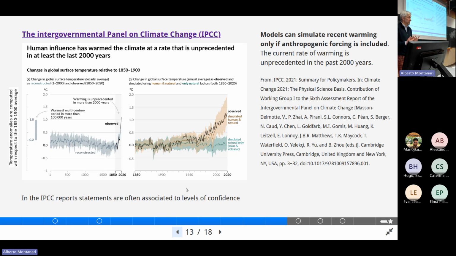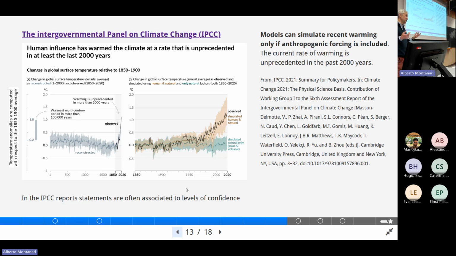So it is very good that they say, okay, I think this graph is fine with high confidence. So try to identify, if you look at the IPCC report, the confidence associated with the statements. It's very important. But how they estimate the confidence is also important.